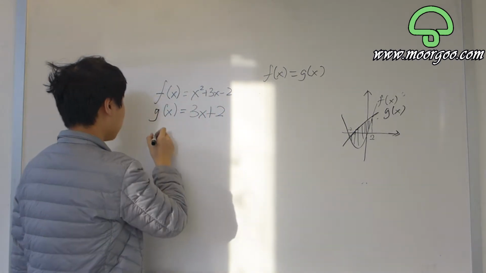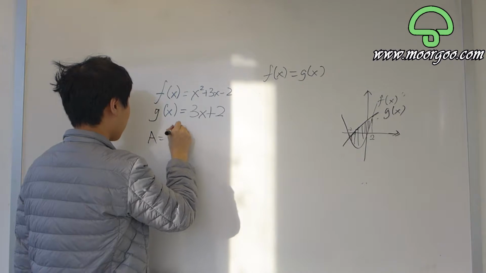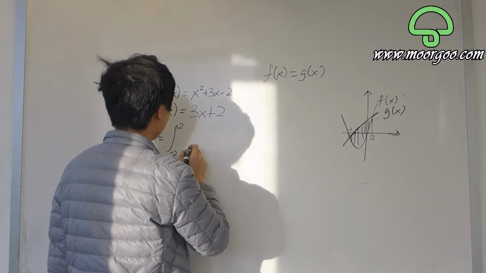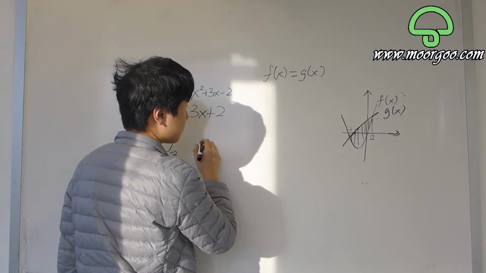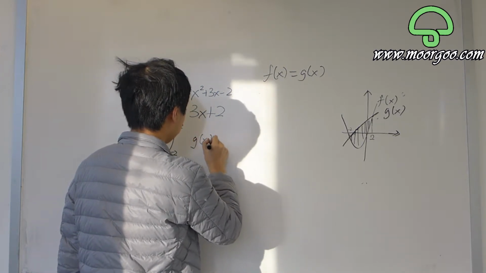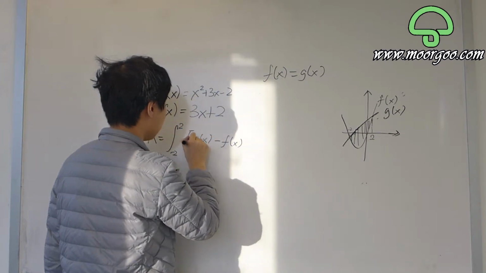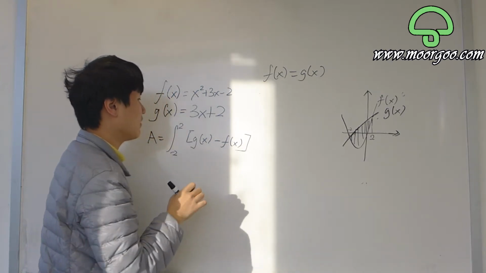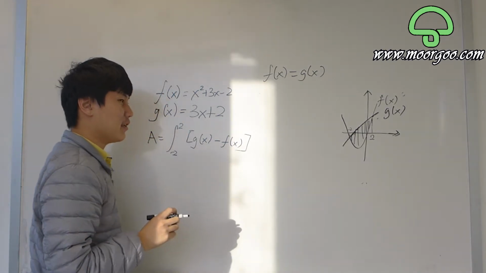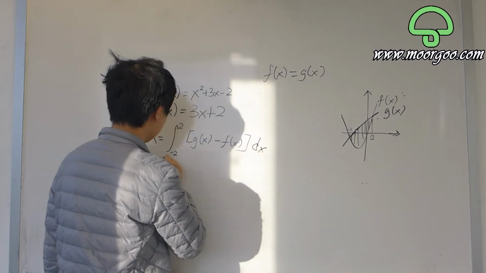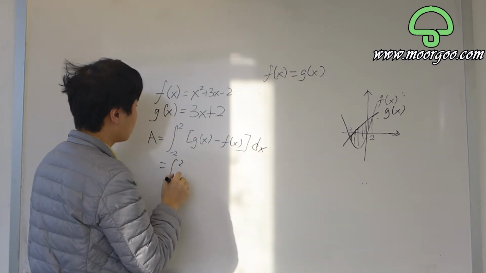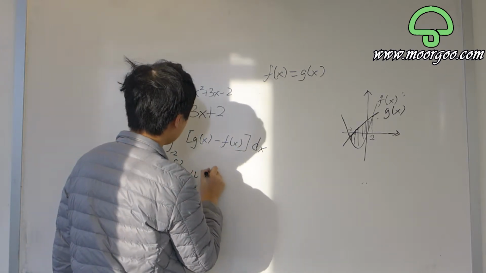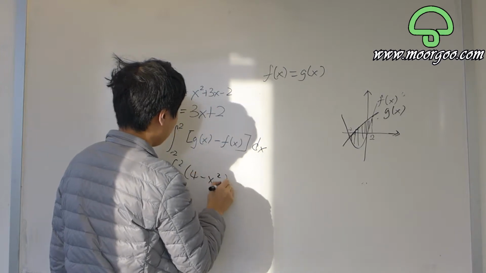So how do we do this? The limits we have just calculated, and g of x minus f of x, because this is always positive and we want the area to be positive because the negative area makes no sense, right? What is g of x minus f of x? Easy algebra.